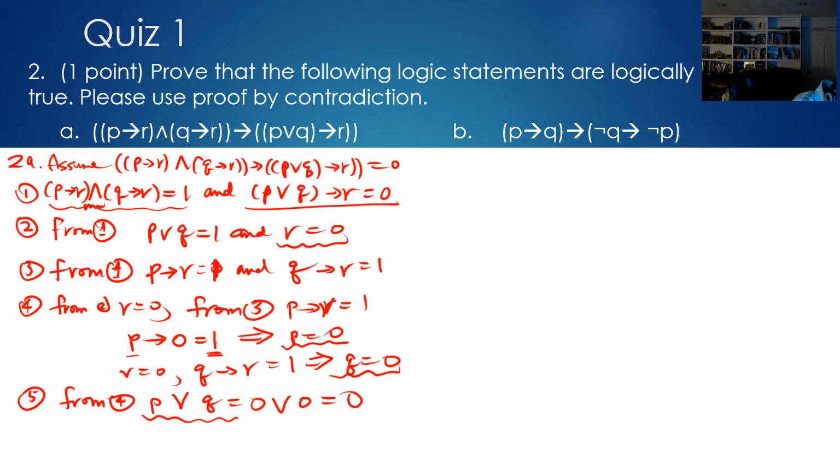So we got P or Q equals 0. This is actually the contradiction, right? There's a contradiction now, because from 2, P disjunction Q equals 1. But now we say P disjunction Q equals 0. So we got the contradiction.